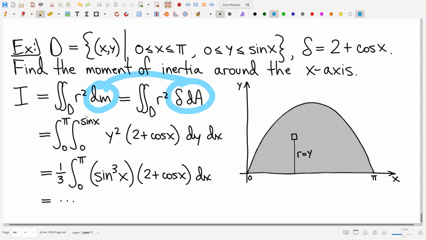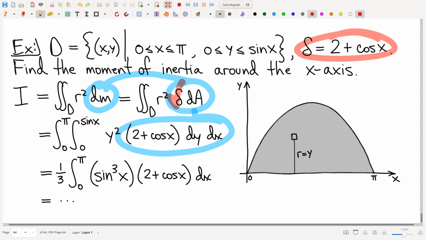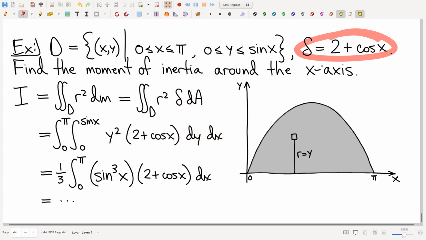So density times area, and you'll notice that that's what we actually have here as well, and in particular, this density we were given, that density just goes right there, and of course, obviously, dA is dx dy. Everything else is plug and chug, and that's all I'm going to say about section 5.6. Again, it's just various applications to certain physical scenarios. Okay, how are we doing? Is everybody on board?